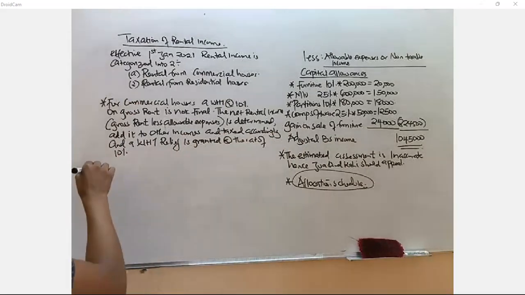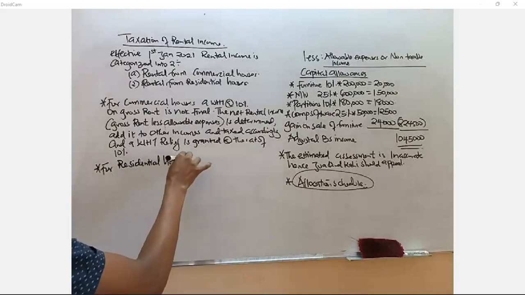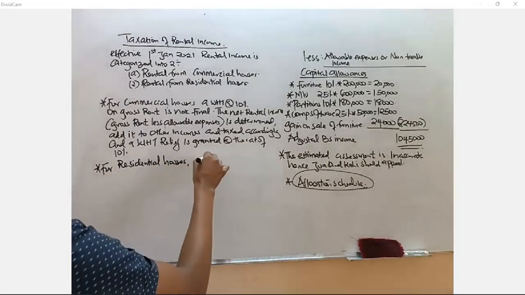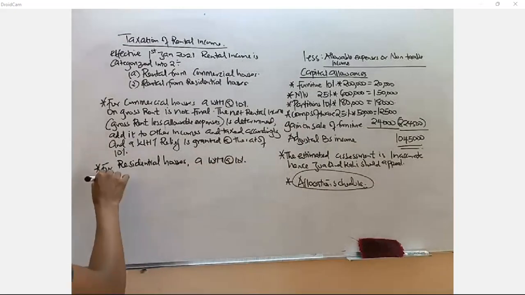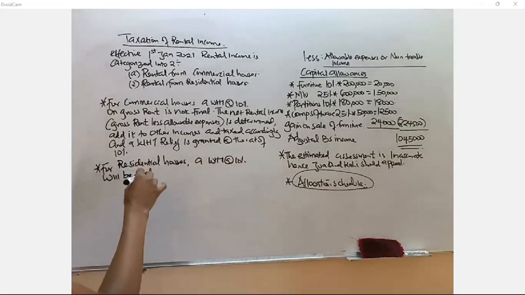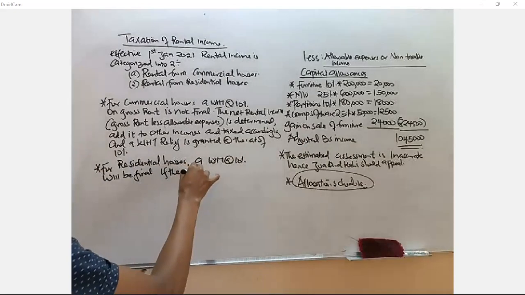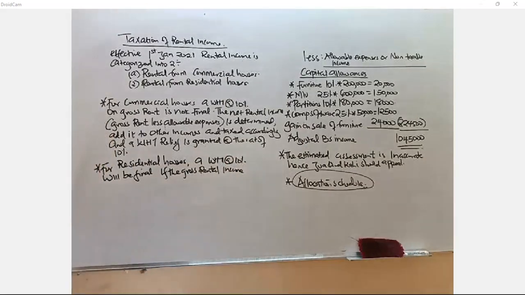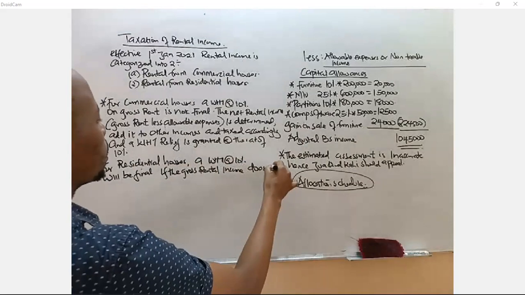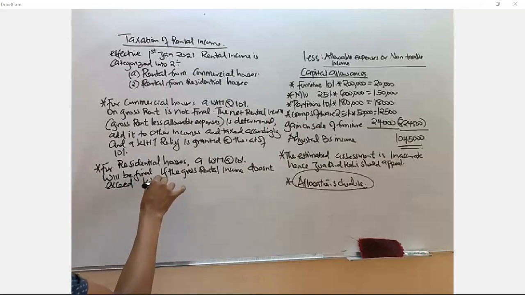For residential houses, a withholding tax at the rate of 10% will be final if the gross rental income does not exceed 15 million Kenya shillings per annum.